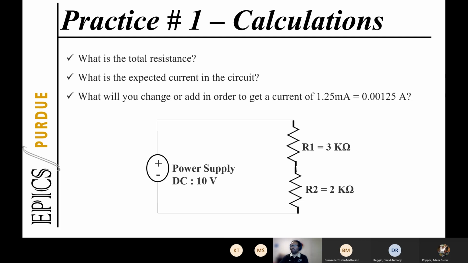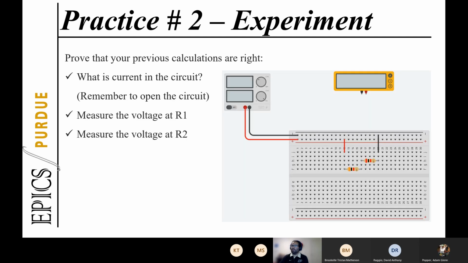Perfect. All right, so let's move to the interactive part. How many of you haven't used Tinkercad? All right, I'm going to assume that most of you have used it.